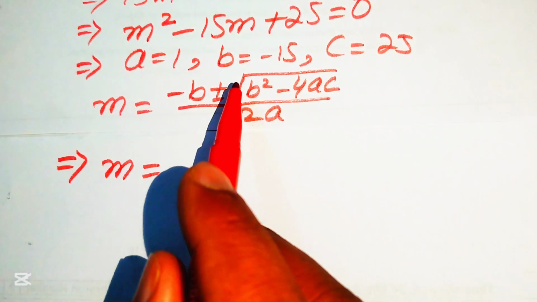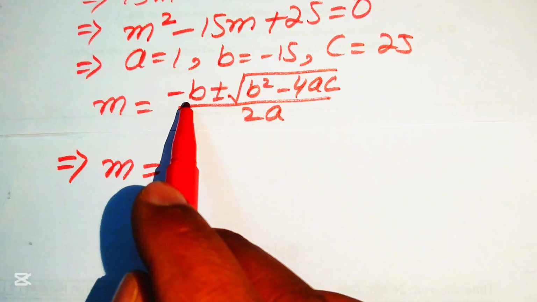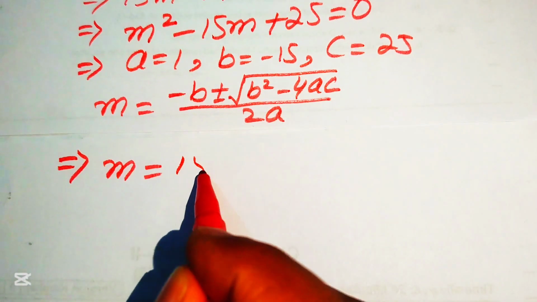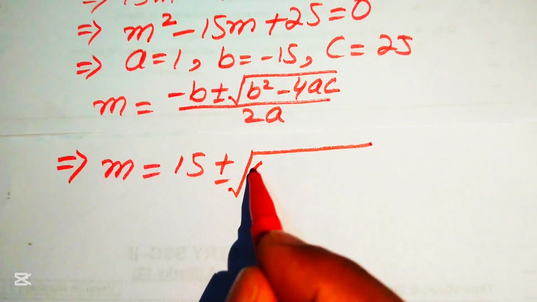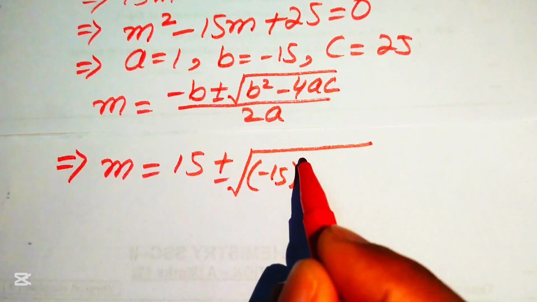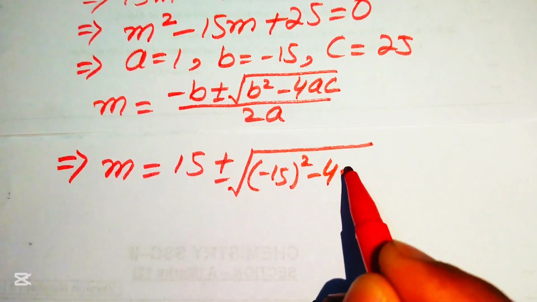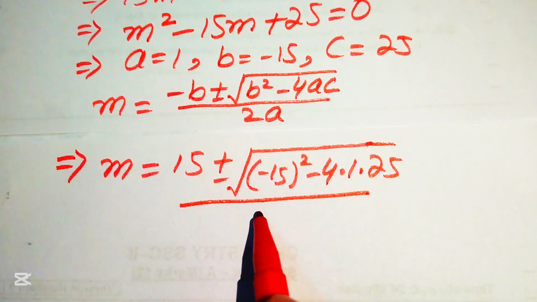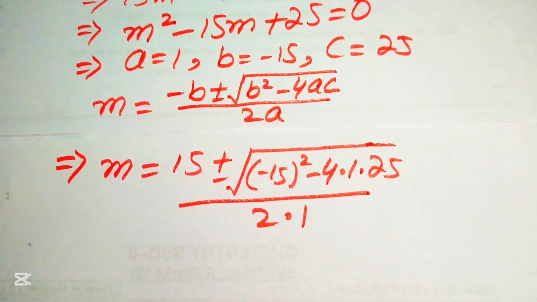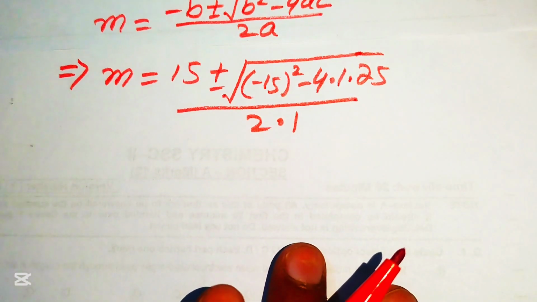So we have the value of b is minus 15 when we substitute it here. So minus times minus becomes plus 15, and plus or minus the square root of b squared. So b is minus 15 squared, minus 4 times a, which is 1, and c is 25, divided by 2 times a, and here our a is also 1.